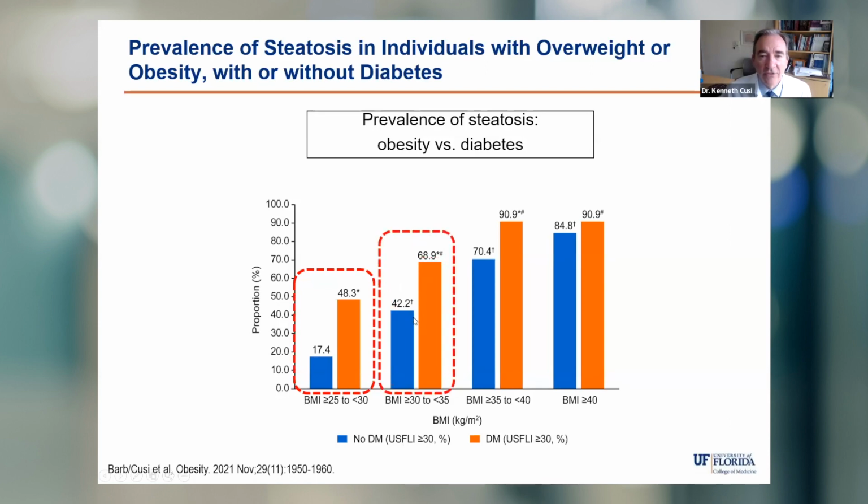Now, if you go into the obesity range, this is enhanced data using USFLI, which is a well-validated test for steatosis. Now, 2/3 of people with diabetes have steatosis, and most of them, once you get to a BMI higher than 35. So diabetes is the risk factor, with obesity interacting to make it even worse.